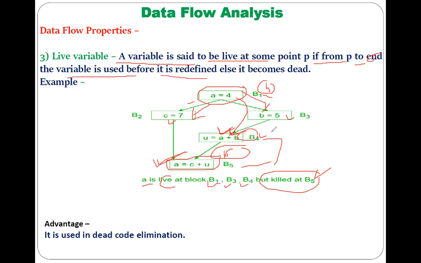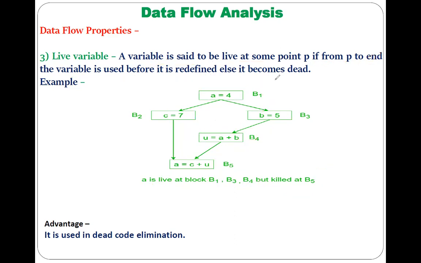So yes, it is utilized at the B4 before it is redefined, but it is getting redefined at the B5. That's why it becomes dead here and it is live here. Understood? That is the definition of live variable.